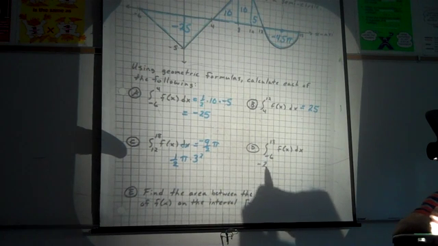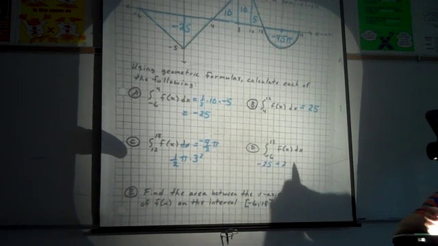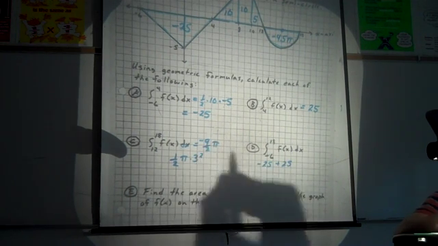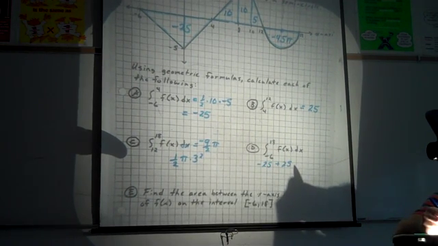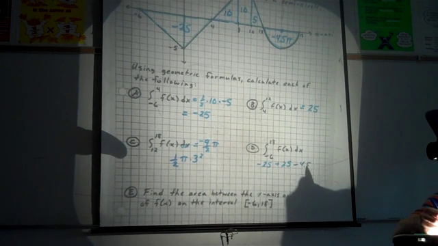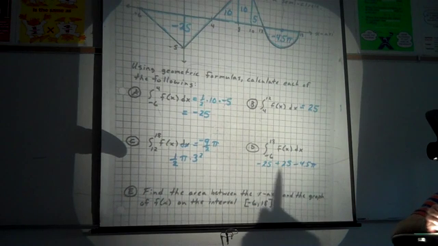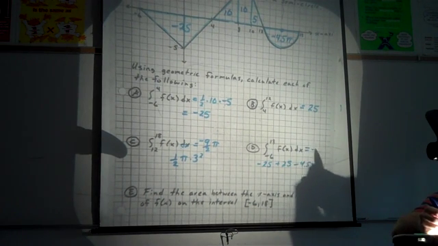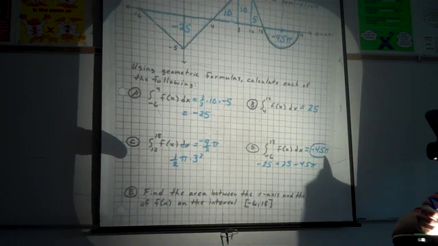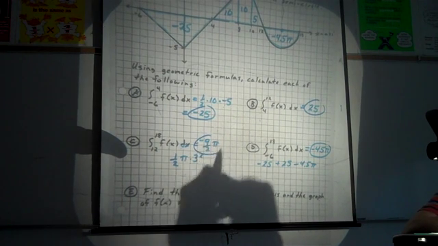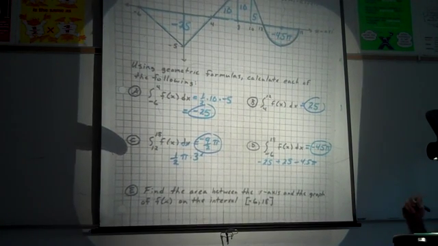So you'd go -25 plus 25 plus -9/2 pi, or -4.5 pi. The -25 and the positive 25 would cancel out. Final answer here, -4.5 pi. Those are my final answers on all these. Any questions about those?